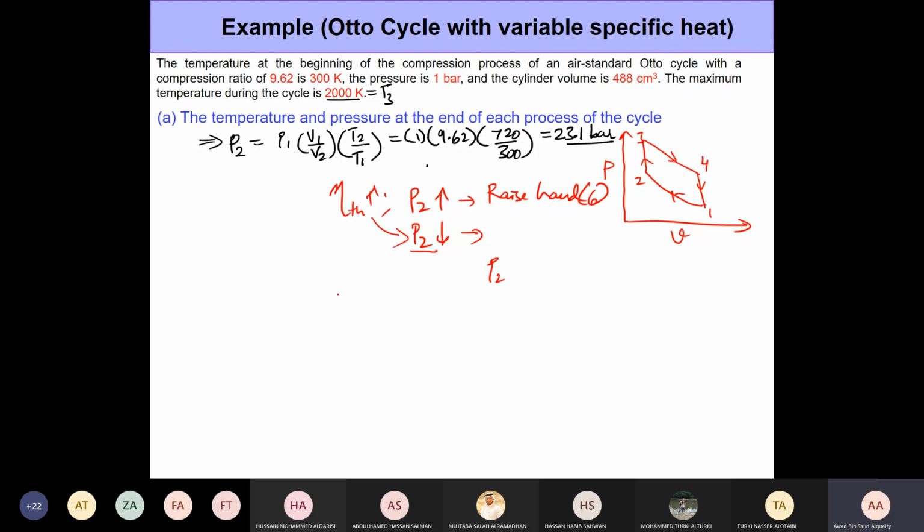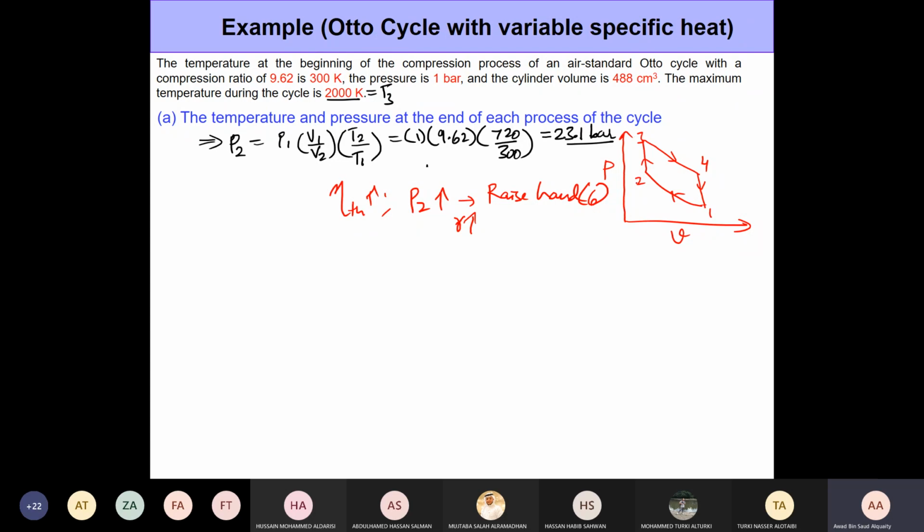Okay. Looks like everyone is happy with the explanation Turkey gave. Well, actually, that explanation is the correct one, right? If you want to increase the thermal efficiency, we actually would have to increase the pressure at state two, and basically you'll also need to increase the compression ratio, right? Once you increase the compression ratio, the pressure at state two would be higher, and we would be compressing the gas a little bit more.